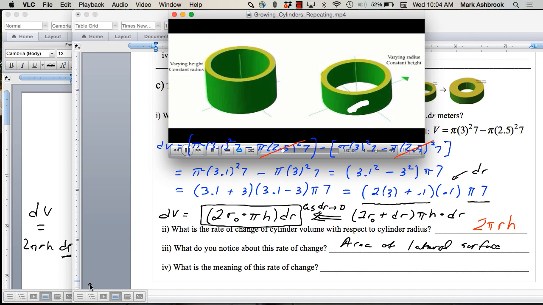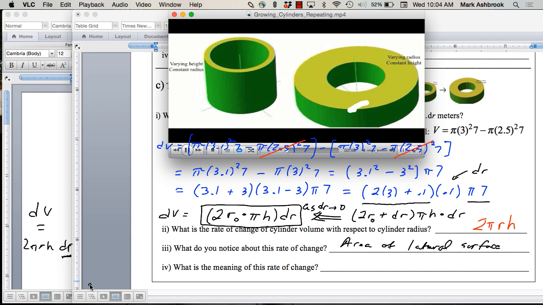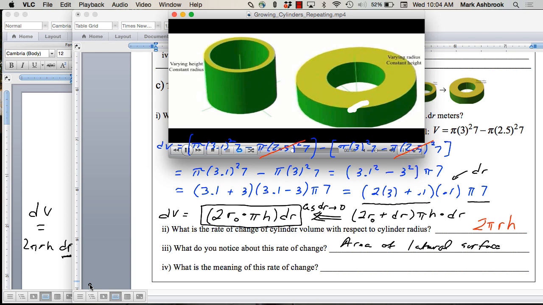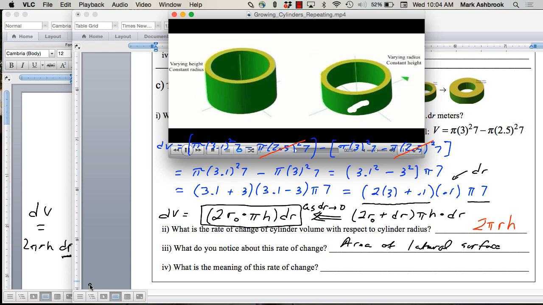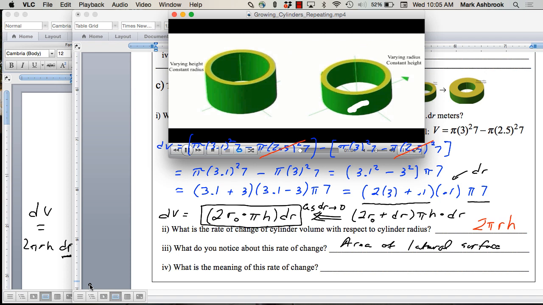So these are going to be our two main rates of change as we're filling these empty shells with right cylinders. We're going to determine what situation we have. Do we have the height of the current shell changing, or the radius of the current shell changing? That's going to tell us what rate of change we'll have based on these two rates we came up with. So let's look at an example. Yeah, please.